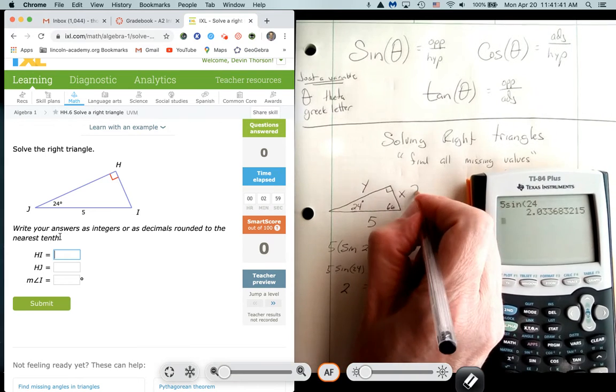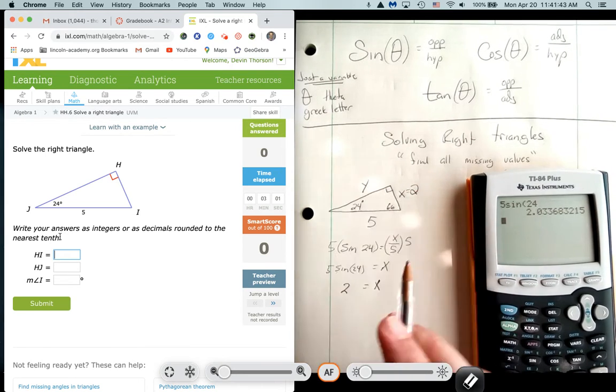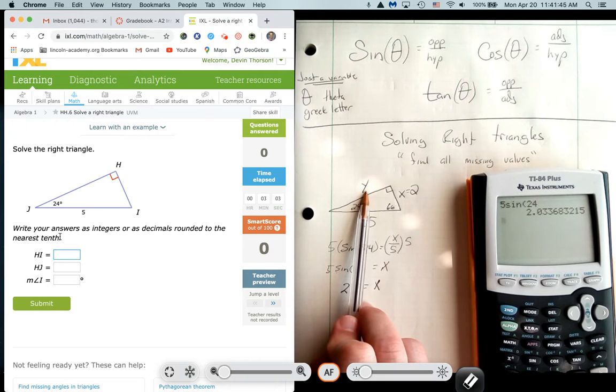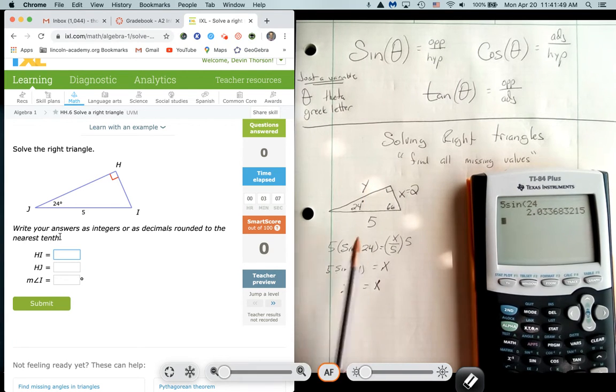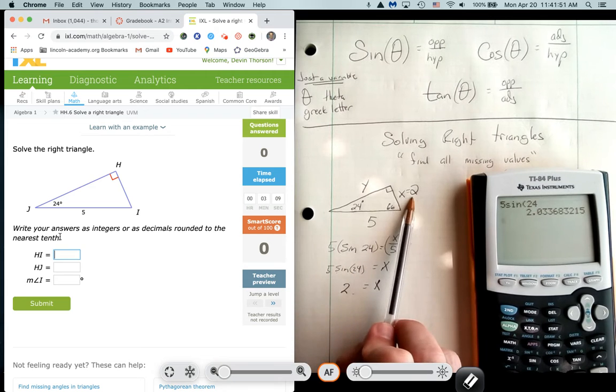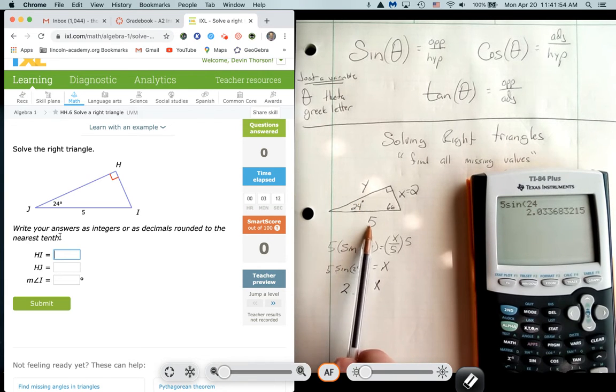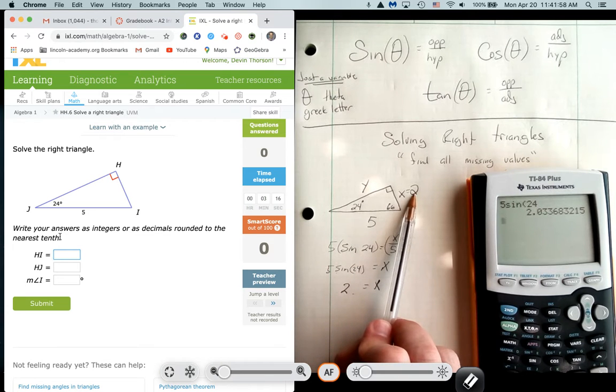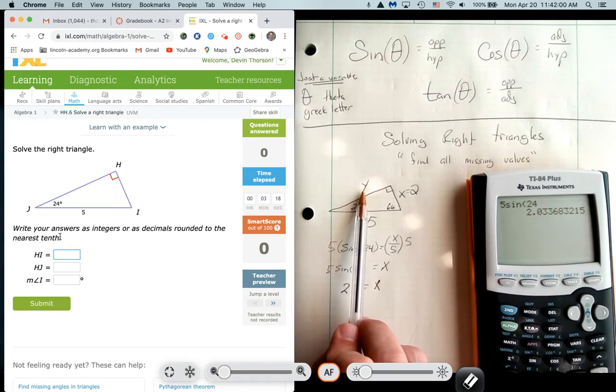So I'm going to write this as x equals 2. Now, I can solve for y in one of 2 ways. I can use the Pythagorean theorem, or I can use another trig function. I'm going to use the Pythagorean theorem. Since this is the hypotenuse, I'm going to do 5 squared minus 2 squared, and then take the square root of that number to get y.